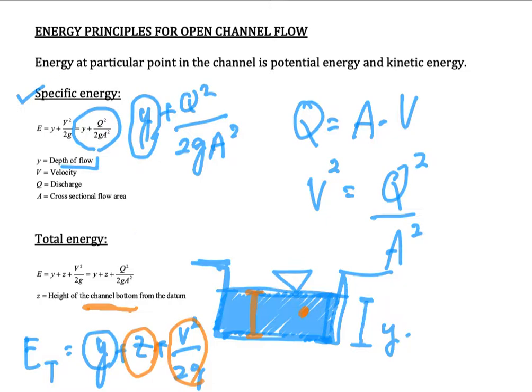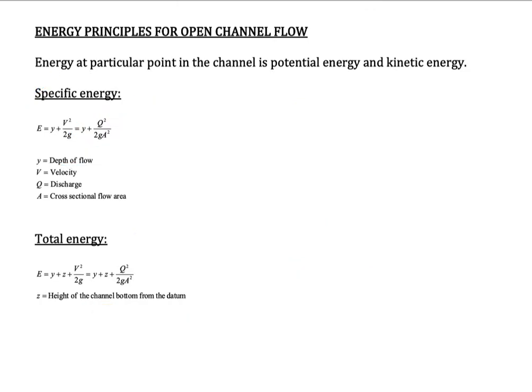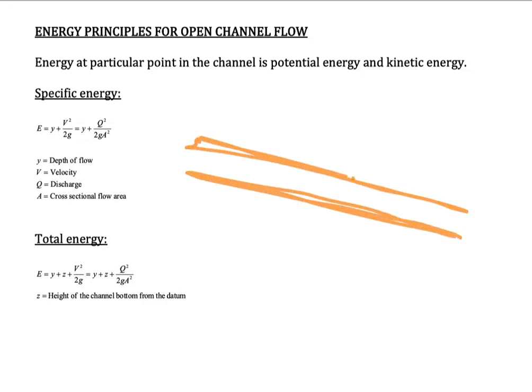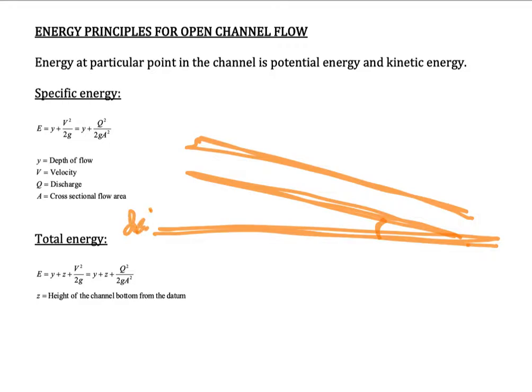So the total energy is actually calculating the energy for the total situation. For example, we have a drainage here, and this is the datum, meaning the level. The total energy is the calculation of energy between this point and this point.